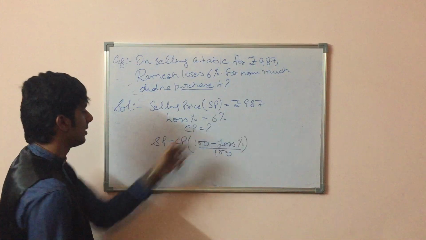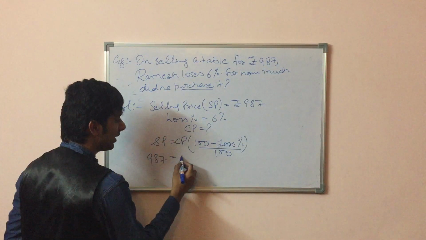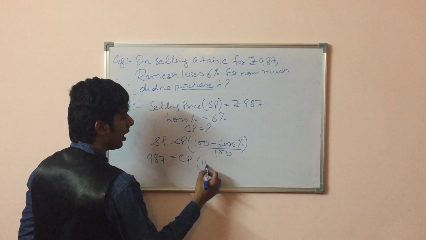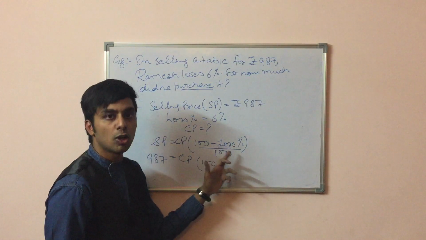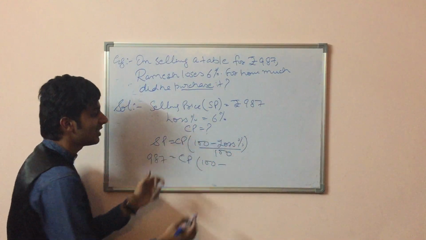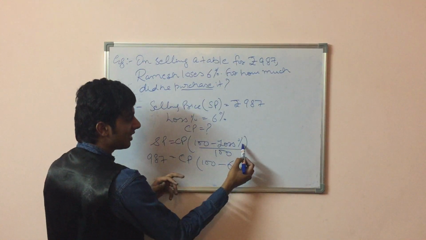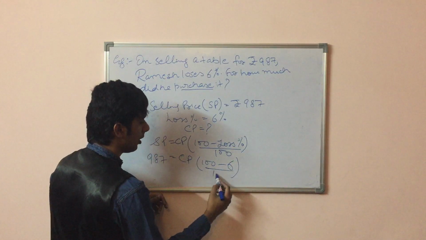So SP is 987, CP we have to find out, let it be CP only, and 100 we are putting minus because it is a question of loss, and loss percent is 6%. We will just write 6 only because the percentage sign has already become the denominator upon 100.